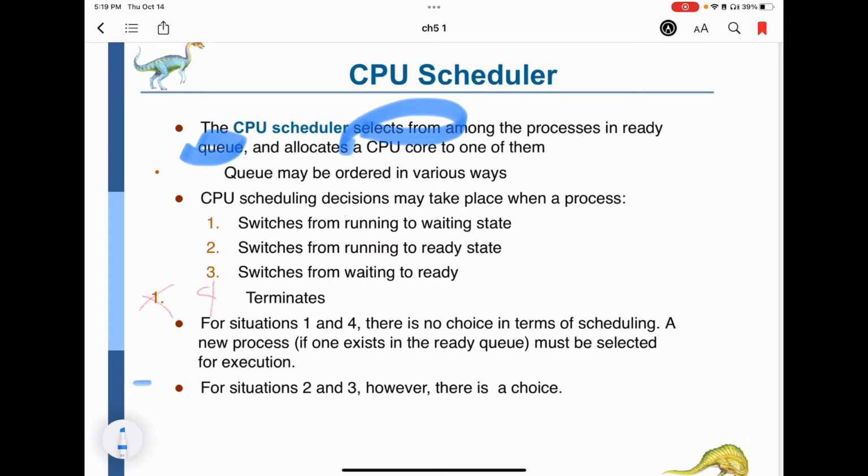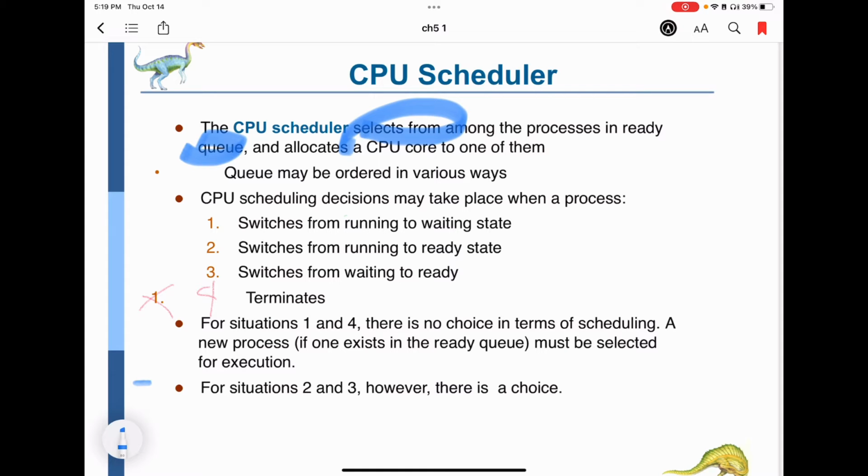So, ibig sabihin, ready, allocated ulit siya. Yan, ready state. Pwede na ulit gamitin. Kumbaga yung resources na yung CPU. Another is switching from waiting to ready. So, wala siyang ginagawa, idle, tapos to ready state. Pwede na ulit siyang ma-accept ng mga tatrabahuhin niya.